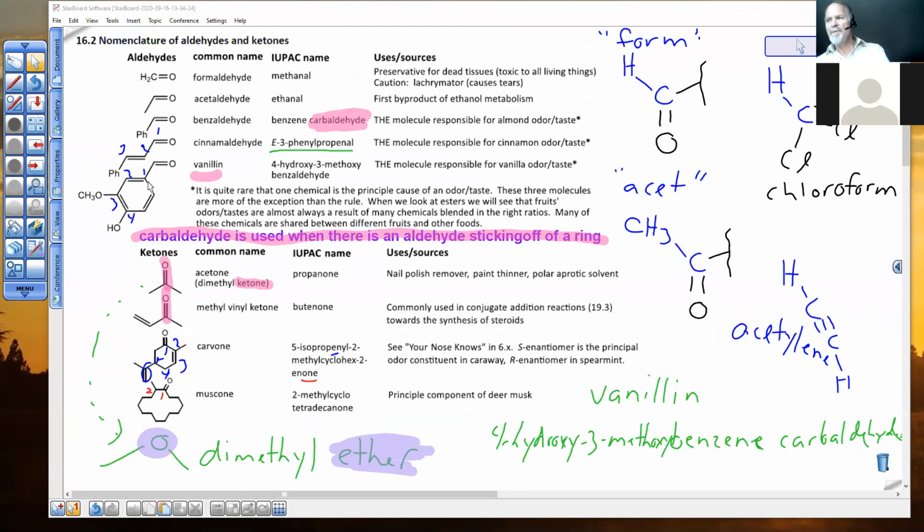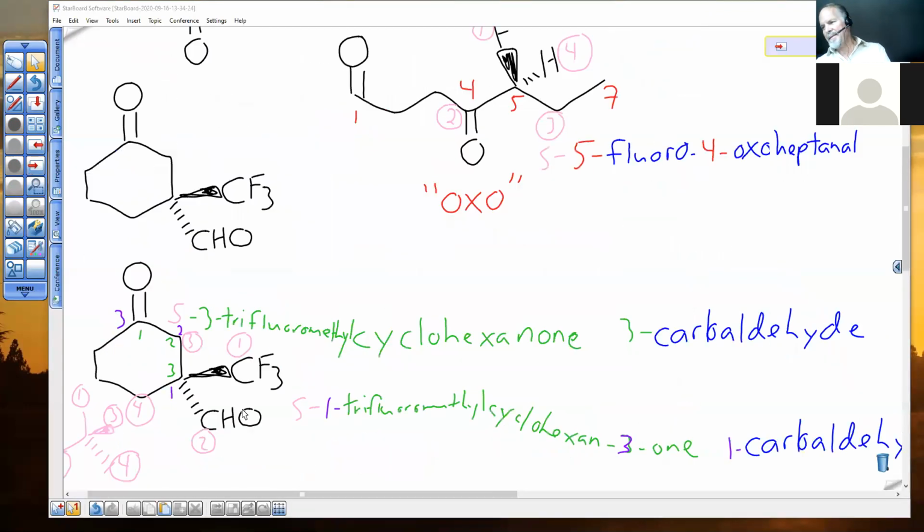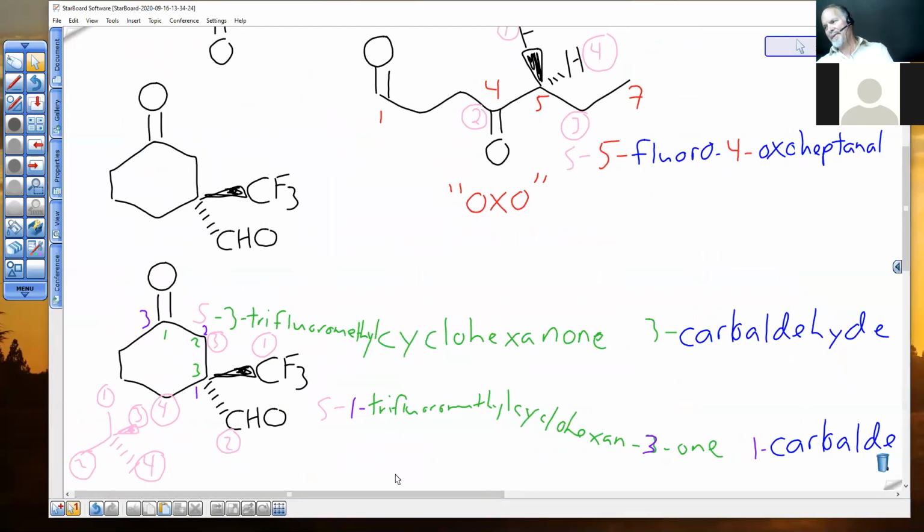So as soon as you say benzaldehyde, you've covered this ring and the aldehyde. So that has to be 1, and then you're going like this. But you can't use benzaldehyde over here because it's a cyclohexane. There's no common name for that. I don't know if I answered your question. Yes, thank you.